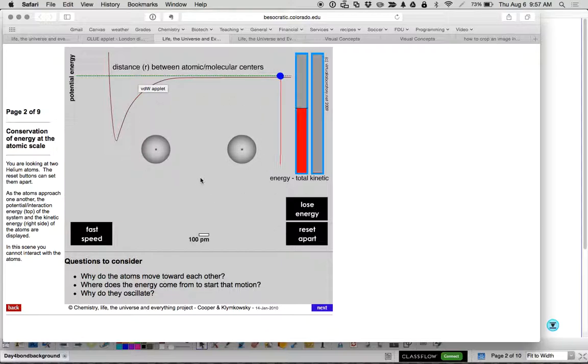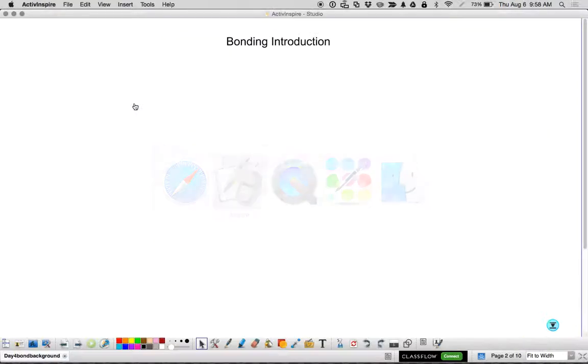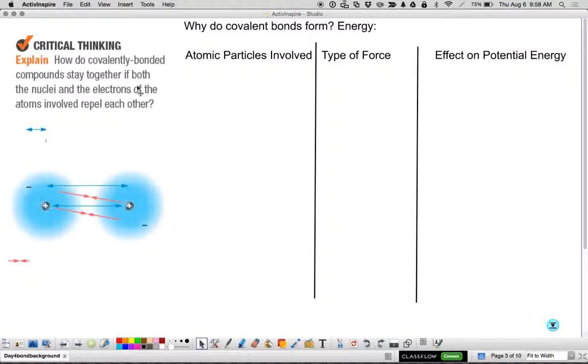And so you can see when they're far apart, there's basically no interaction. But as the two things move closer together, they start to interact with each other. And the question is, how do they interact with each other? What's causing this interaction?